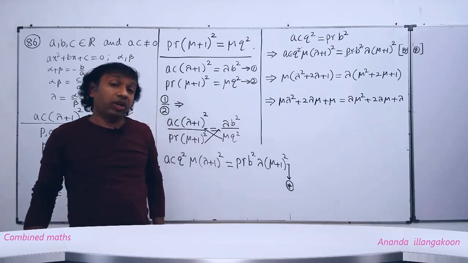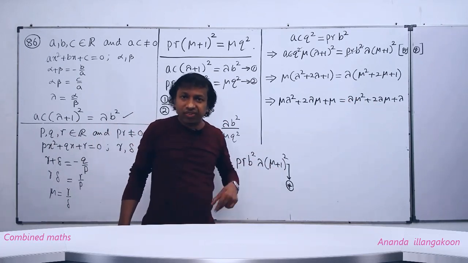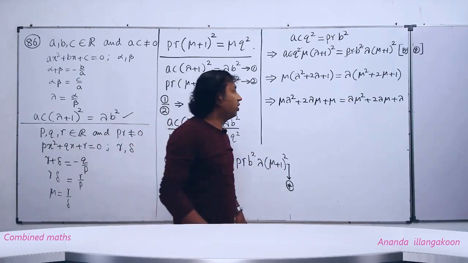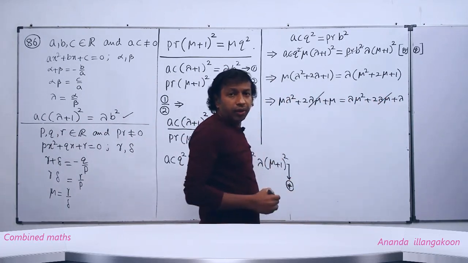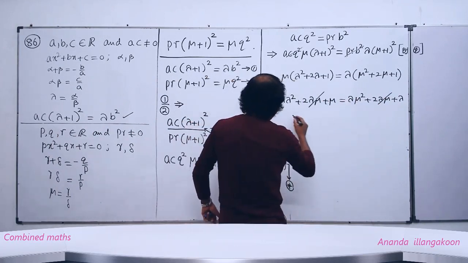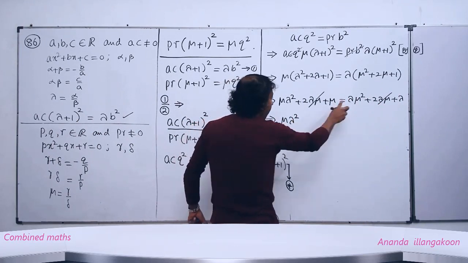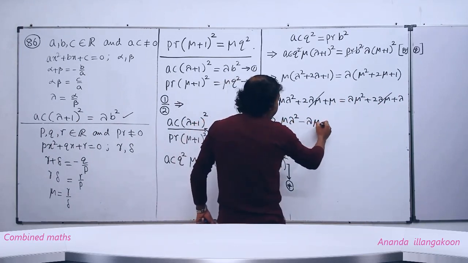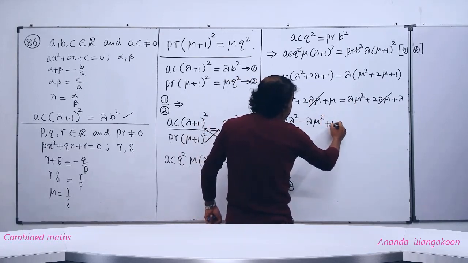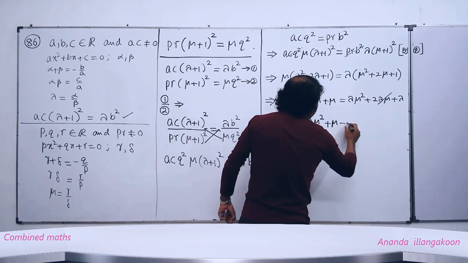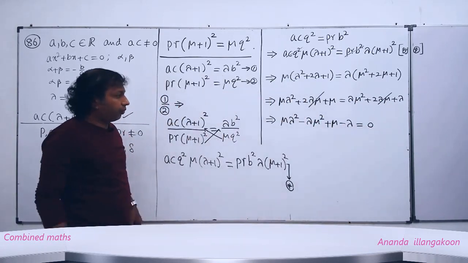No need to bring it to show this, we can very easily see that. So straight away we cancel it. Now people, I bring the rest of the terms to the left hand side: mu lambda squared minus lambda mu squared, plus mu, and bring this lambda to this side, minus lambda, equal to 0.